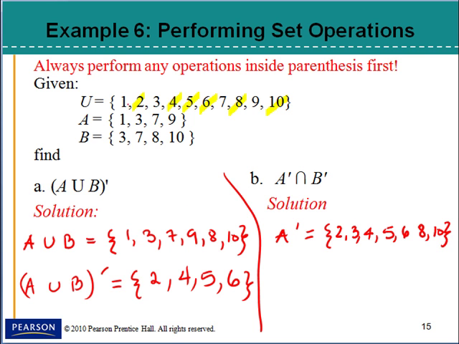Let's find the complement of B. The complement of B would be everything belonging to the universal set but not in B. So we pick 1, 3, 4, 5, 6, 9.